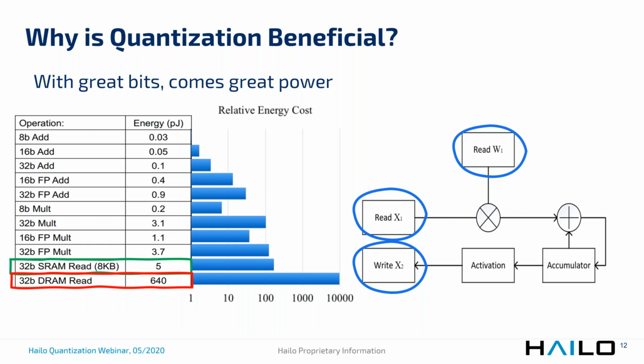And if we compare the cost in terms of power for accessing external memory or local memory, then we see that most of the power consumption is due to the access of external memory. So if we can keep somehow our data local, then we'll be saving lots of power.